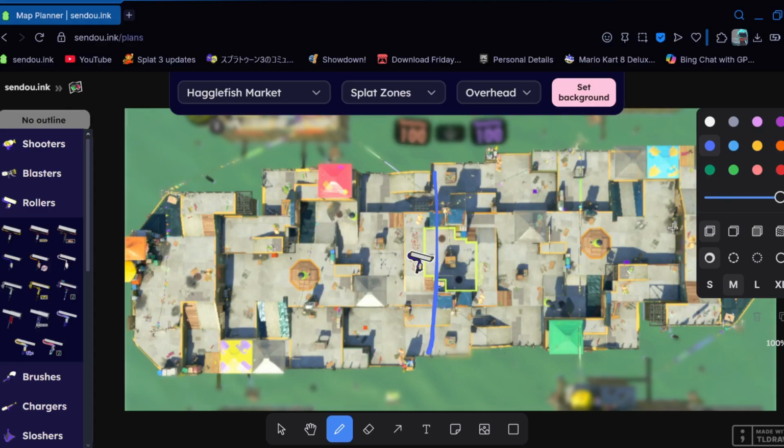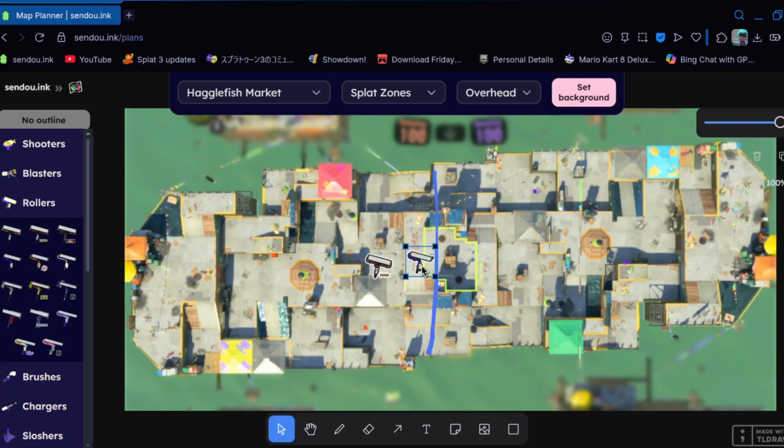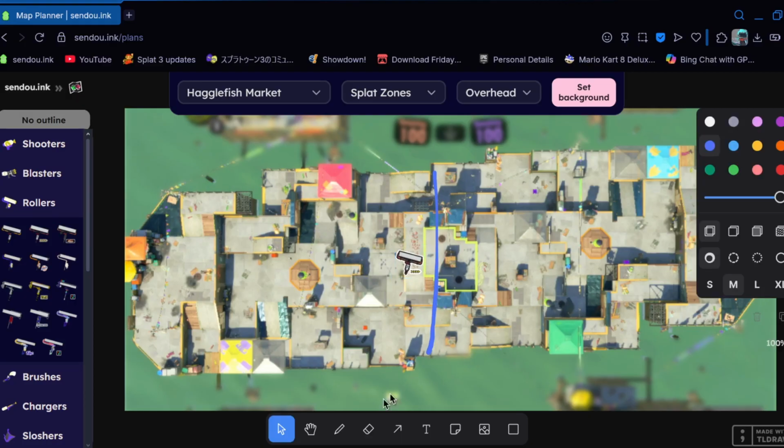So a Carbon being in the same spot would be more effective at being a potential threat to this line, even when it's stuck behind the blue line, because getting too close to our ink allows us to just dive it really easily with a Carbon.